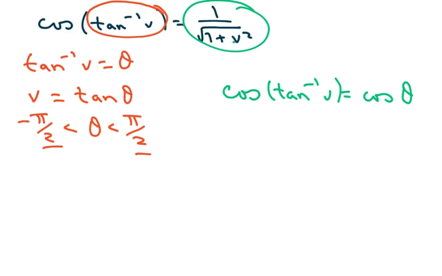Now, I need this, so what I'm going to do here is let cosine equal, I'm going to move it down here, 1 over secant, because I have a 1 right here. Now secant is 1 over cosine.